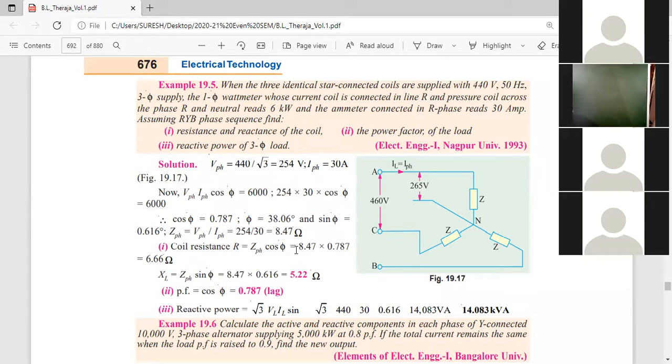Have you written the problem? Yes, sir. Okay. See here, in the problem, he is giving three identical star-connected coils. Coils means what circuit, RL or RC? It is an RL circuit.